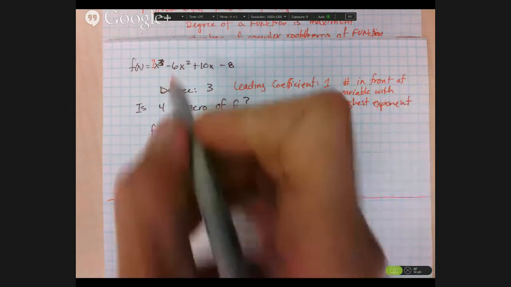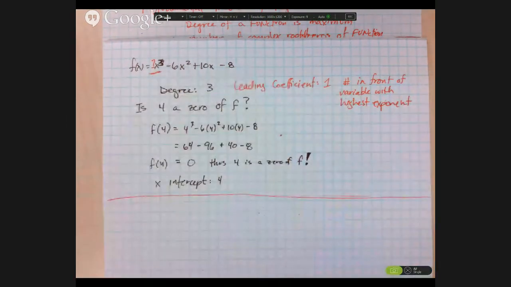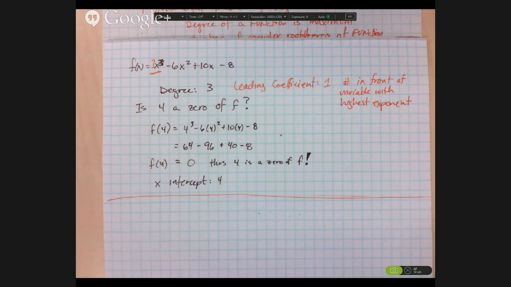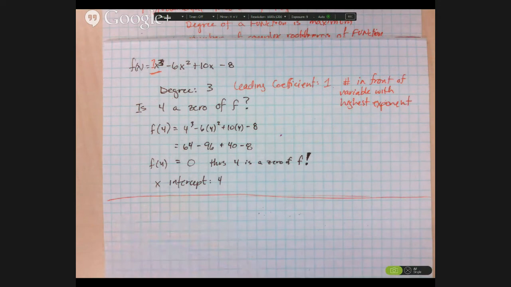So a lot has to do with that term right there, right? A lot has to do with it. Thanks for mentioning it. Okay, we have a couple more examples.